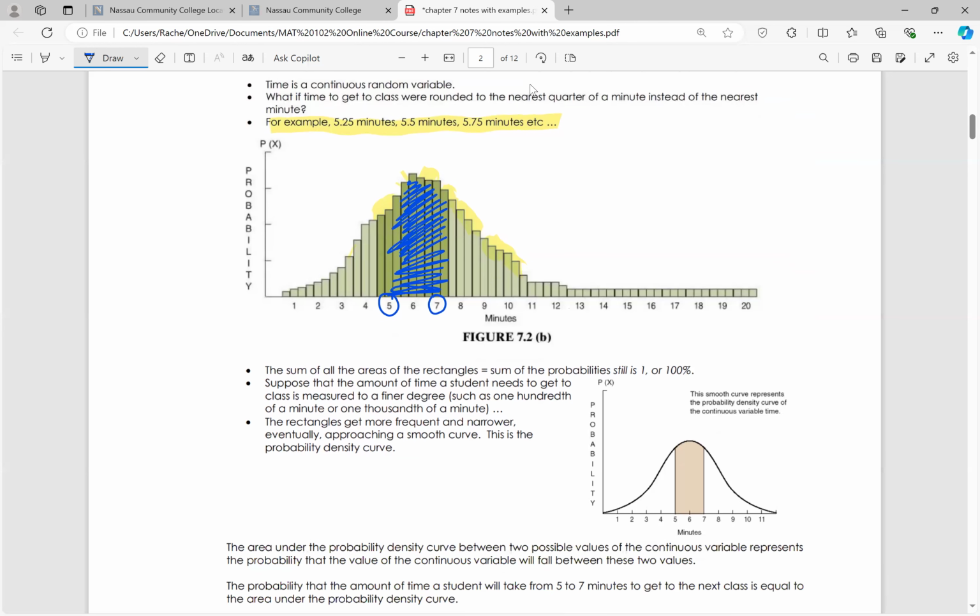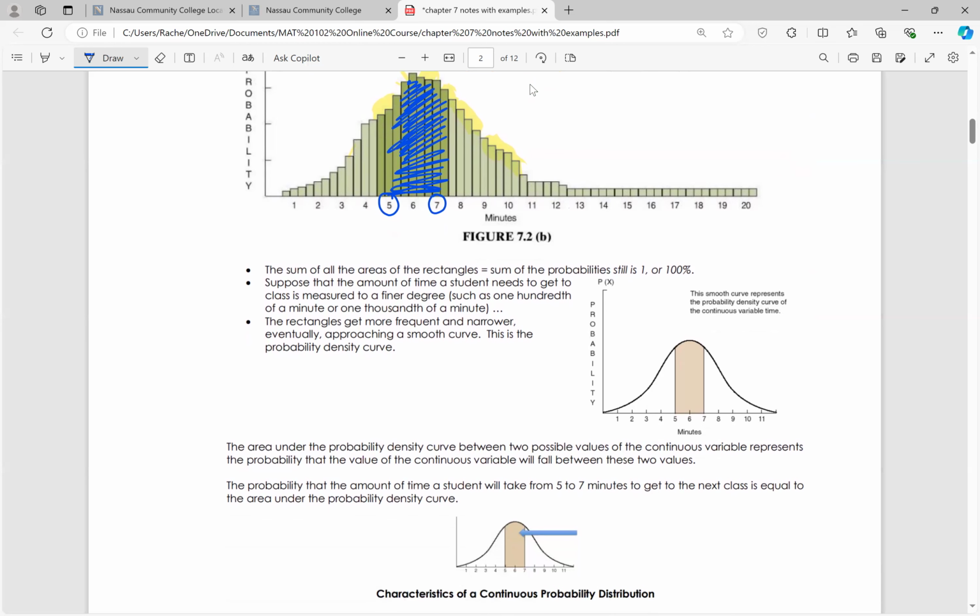So as the rectangles get more frequent and narrower, eventually we're just going to get a smooth curve, and there's not going to be any of that extra white space underneath this curve. So this would be an example of a smooth curve if we were to break down these rectangles finer and finer until we couldn't see rectangles anymore. And this is called a probability density curve. And this represents a continuous variable, particularly time in this case.